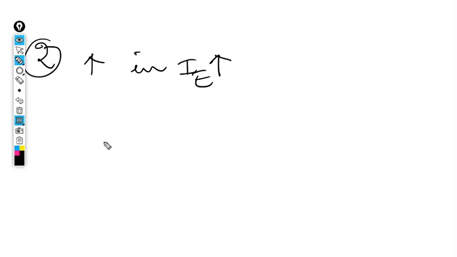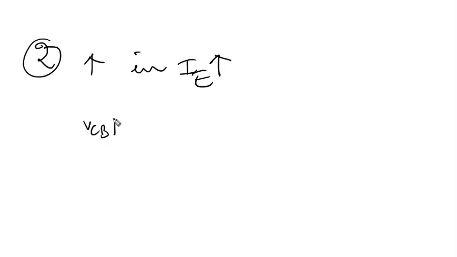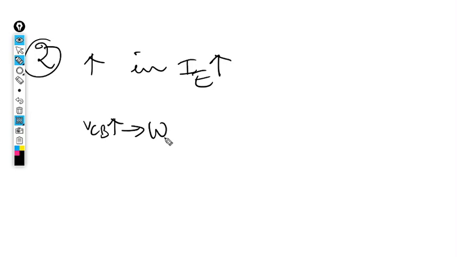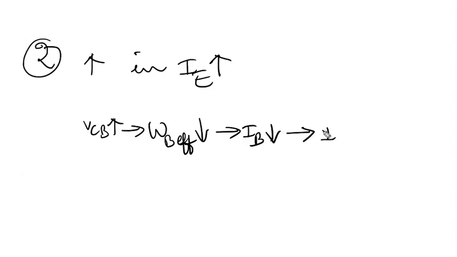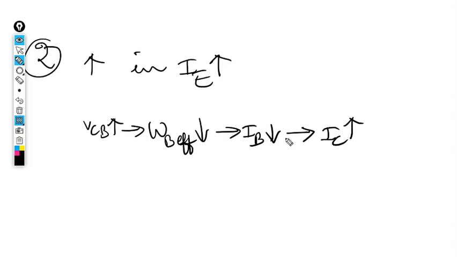What can we say about base width modulation? If VCB increases, the effective base width decreases. As the effective base width decreases, IB decreases. As IB decreases, it leads to IC increasing. How can we say IC increases due to a decrement in IB?